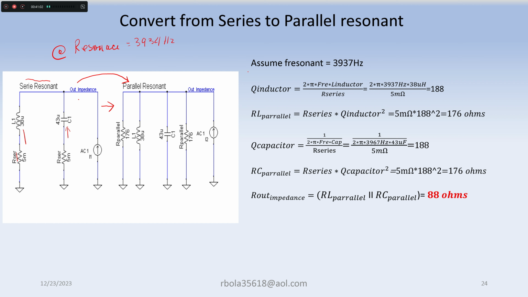You have to calculate the Q of the inductor and the Q of the cap. So here is the formula. Basically the numerator is X of L, and this is the series resistance of the inductor, and when you plug it in, you get a Q factor of 188.